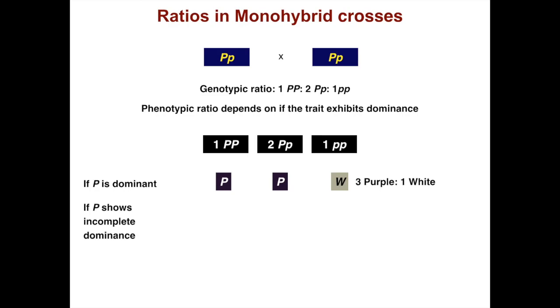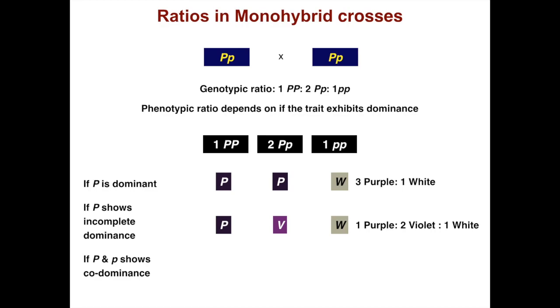If P shows incomplete dominance, you should get these types of phenotypes, that is 1 purple to 2 violet to 1 white. If the two alleles show codominance, you should get these 3 types of phenotypes: 1 purple to 2 patchy, some sort of mix of white and purple, or white and violet, potentially, and 1 white.